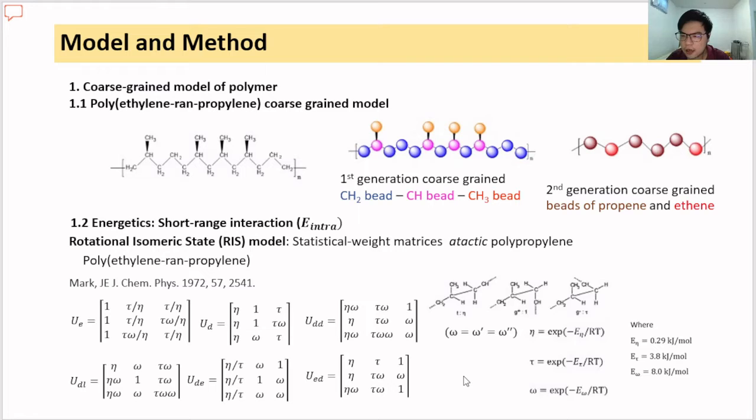The statistical weight matrix for the PEPP copolymer was proposed by James Mark in 1972, containing 6 different methods with only 3 energy parameters here. And we adapt this RIS model to our coarse-graining procedure, on the mapping to the high coordination lattice in our simulation.